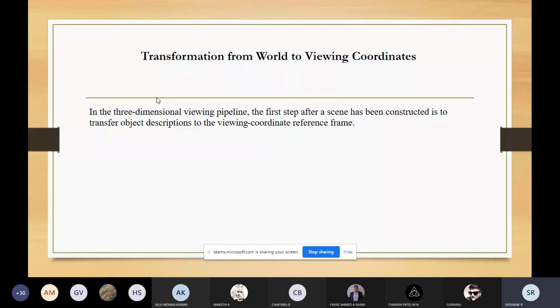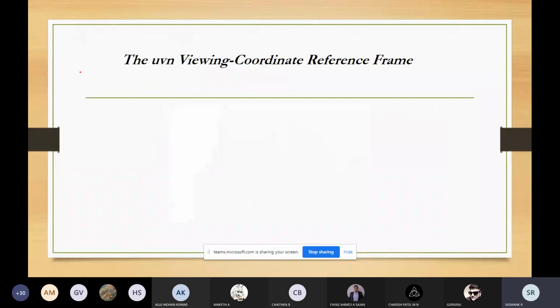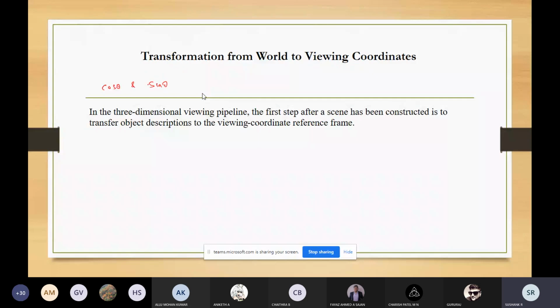Here, when we are talking about the rotation, we are not representing the rotation with respect to cos theta and sin theta. We are talking about the rotation in terms of the three unit vectors which we have referred to, U, V, N. So first step is translation, the next step is rotation.